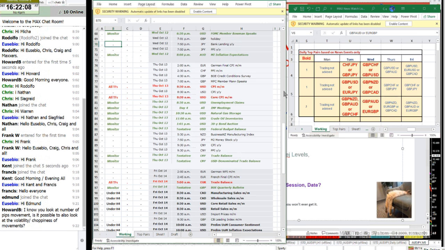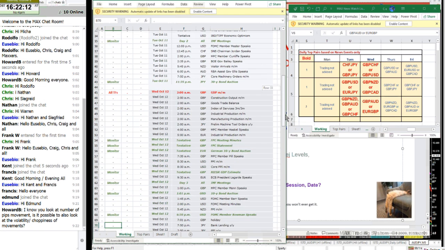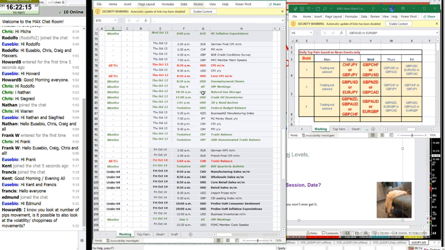So leftovers from Wednesday is nothing. And on Thursday we've got the US dollar. That's it. We will have the pound US dollar, the euro US dollar.